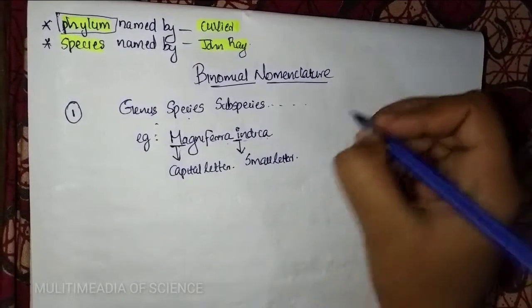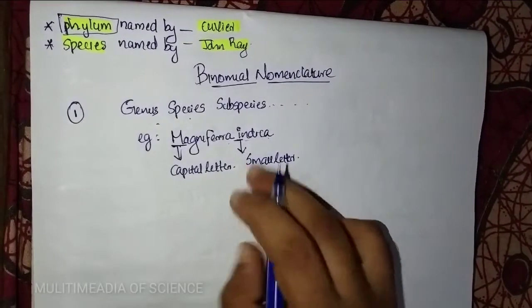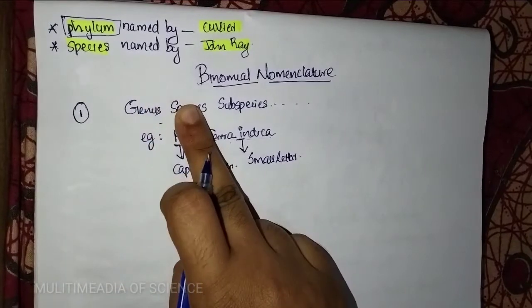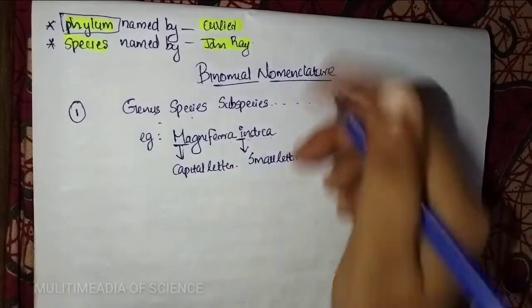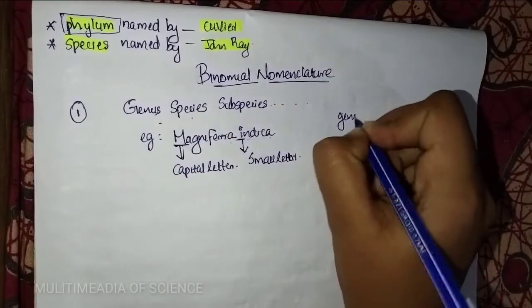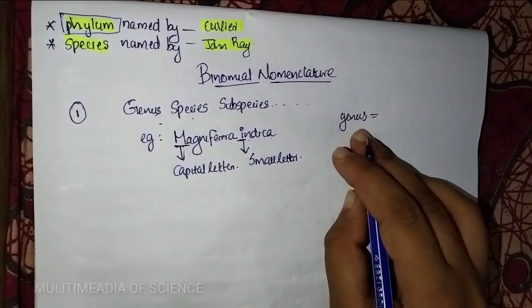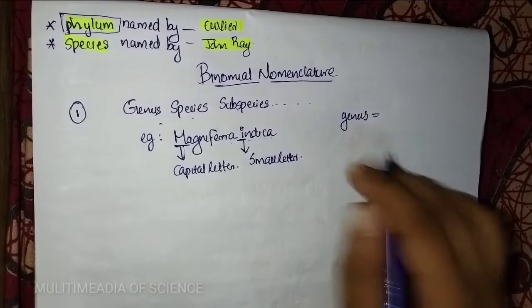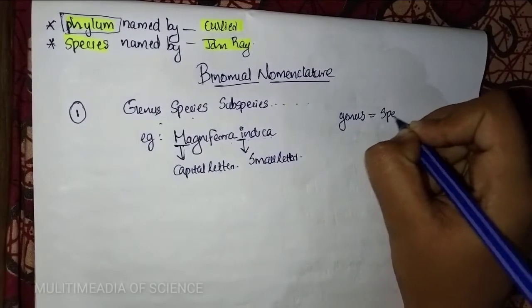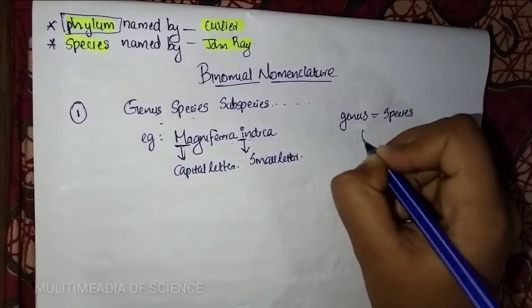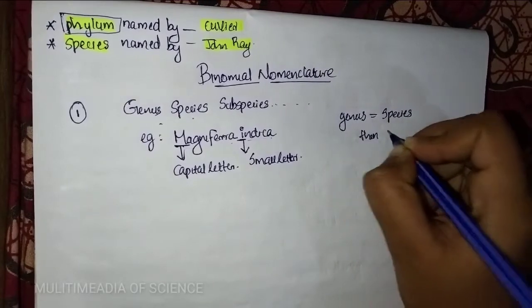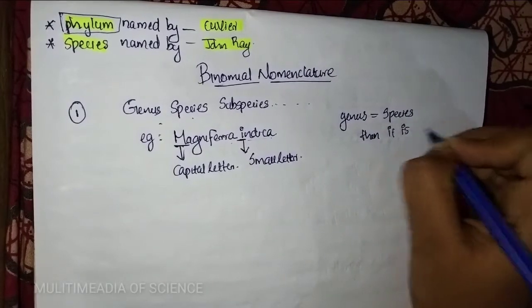Another condition: if the genus name and species name are the same, then it is called a tautonym.